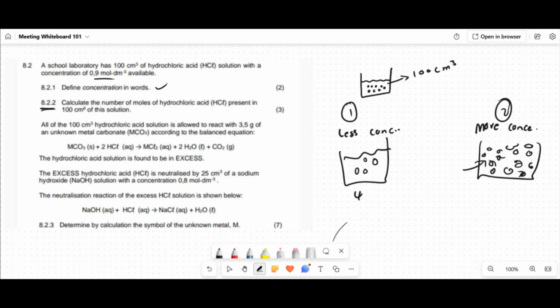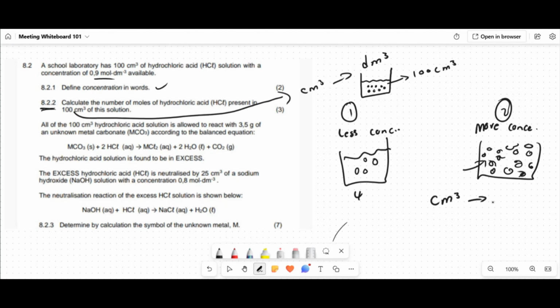8.2.2 says calculate the number of moles of HCl present in 100 cubic centimeter of this solution. But what you need to take from here is that you don't work with cubic centimeter. You rather work with dm cube, right?